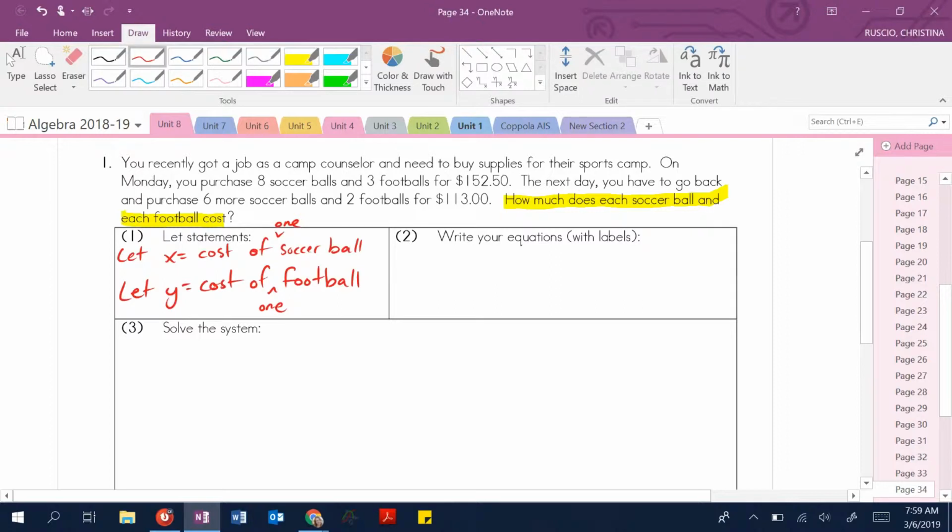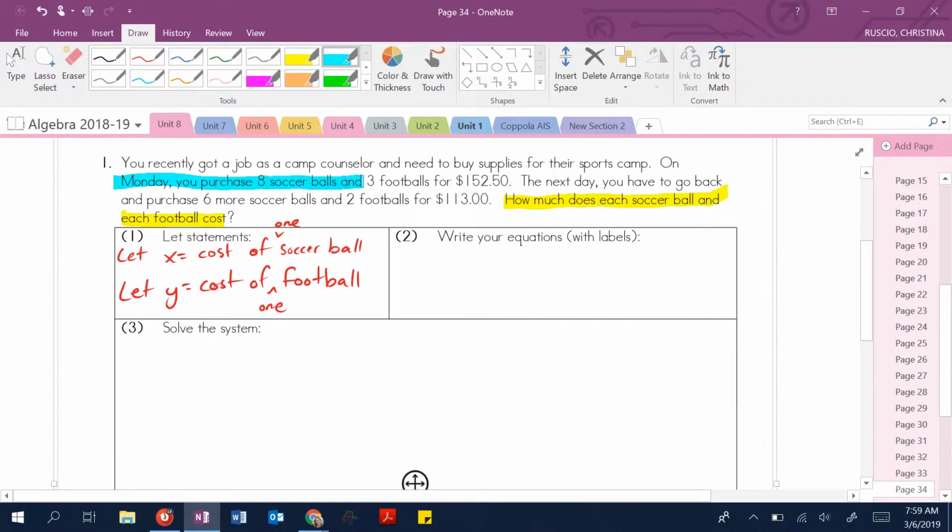Now, when we're writing our equations, well, we have to have some things equal to something else, right? So let's go back into the question and look if we have any kind of equality. So here, on Monday, you purchase 8 soccer balls and 3 footballs for $152.50.